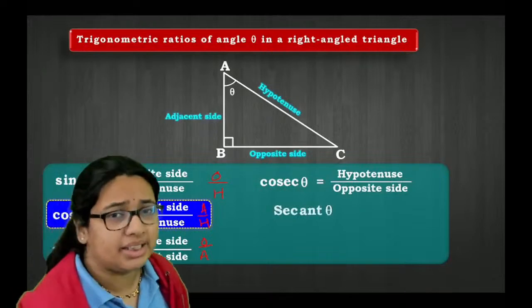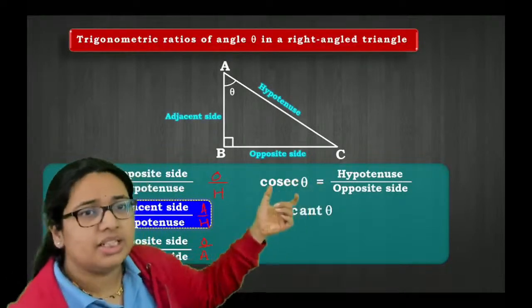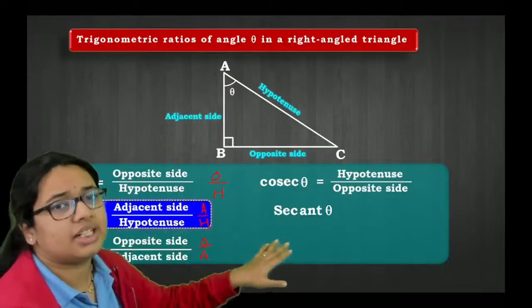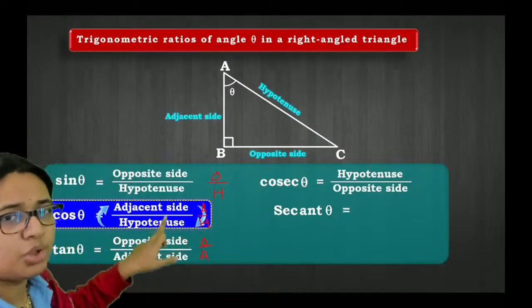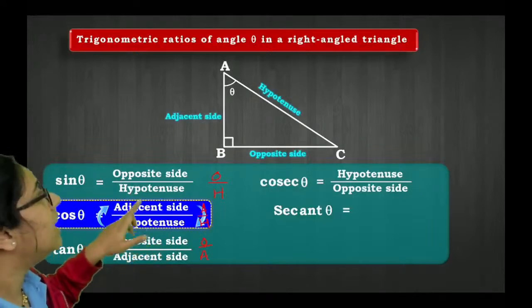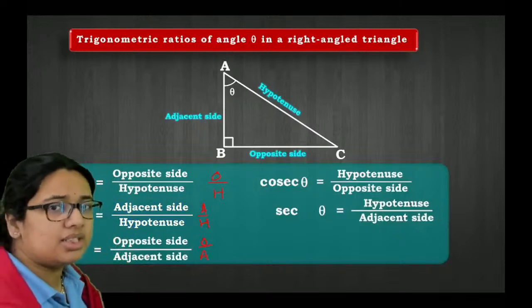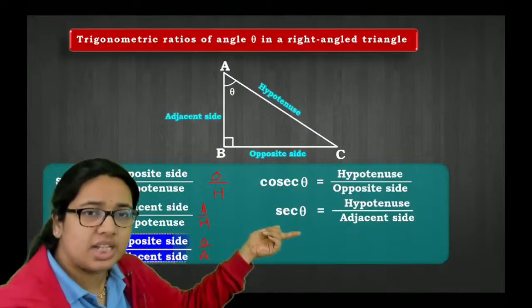Next one will be secant. Just as you considered the reciprocal of sine for cosec, similarly secant theta is nothing but the reciprocal of cos, which is given as hypotenuse upon adjacent side. This will be the value for sec theta.